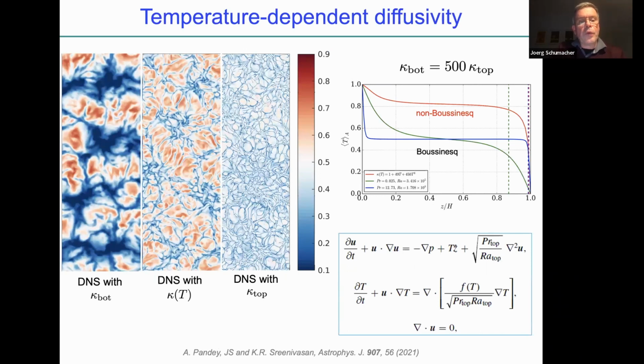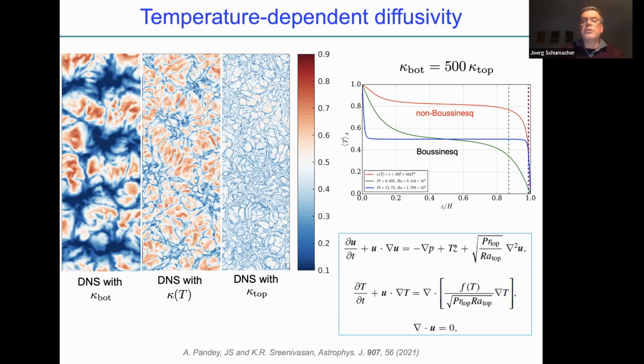Another route which we have taken to come closer to the astrophysical convection context is to break the up-down symmetry in our convection flow, which is always given when you are applying the Boussinesq framework. And one way to do that is by introducing a temperature-dependent thermal diffusivity.